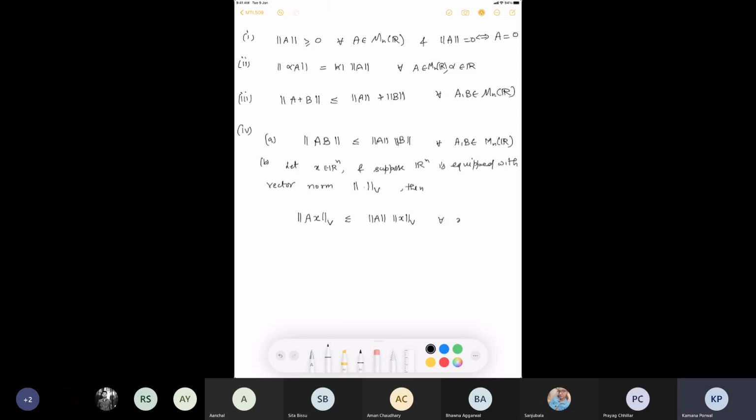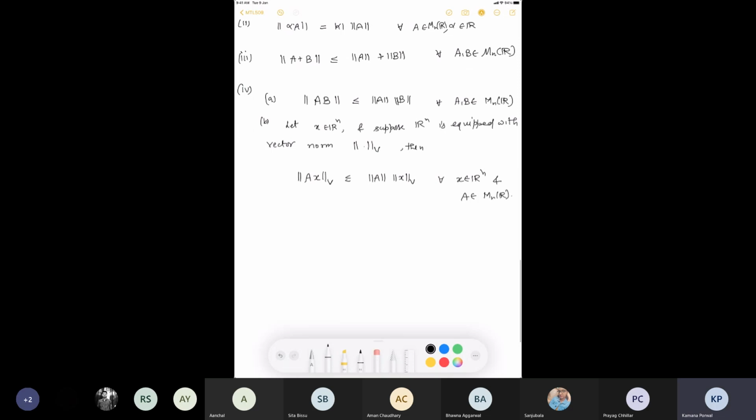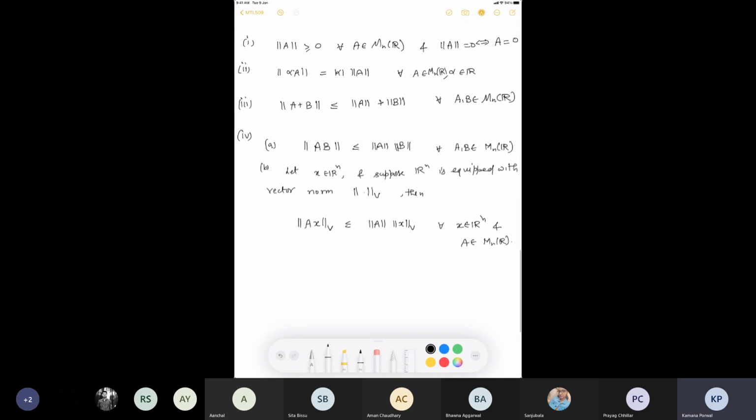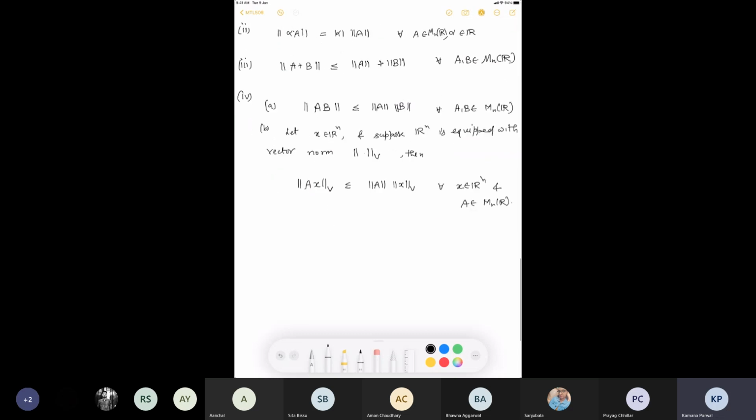This is for all x in Rn and A in Mn. Okay, so a function which satisfies all these properties and is defined on Mn(R) is called a norm on Mn(R). And again, I'm going to use the components of the matrix A as aij.